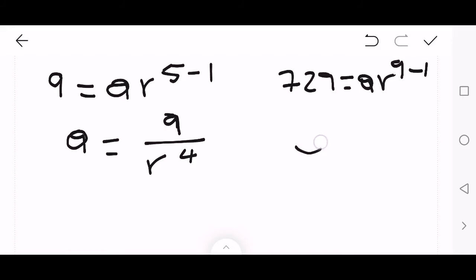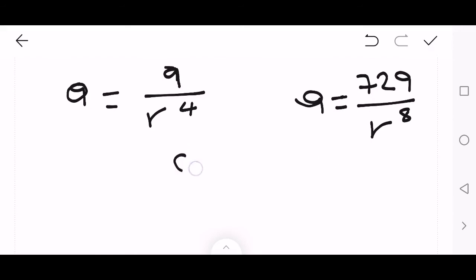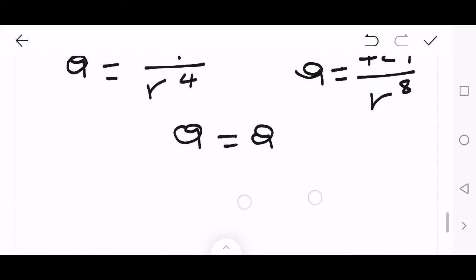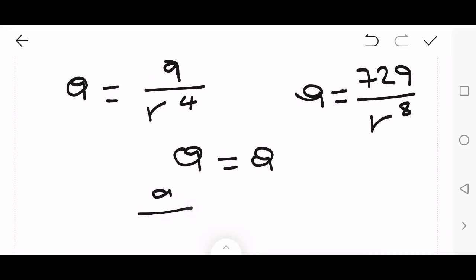And then a on this side will be equal to 729 over a times r to the power 8, because 9 minus 1 is 8. Now we can equate the values of a equals a, and then we can say 9 over r to the 4 equals 729 over r to the 8.